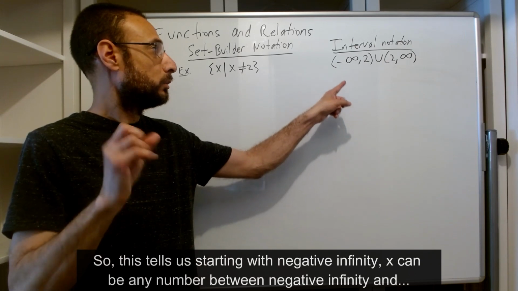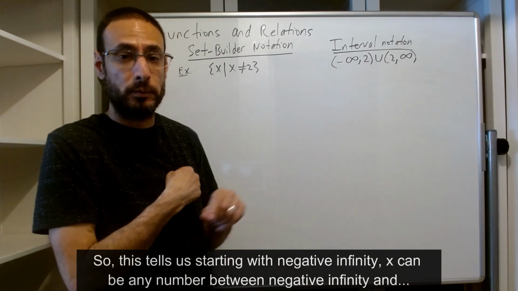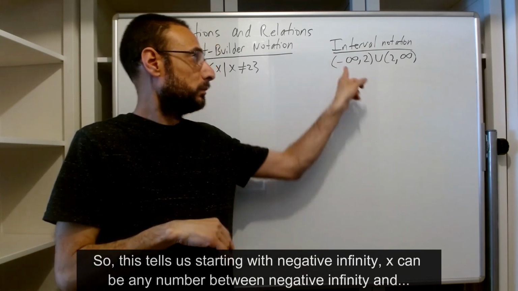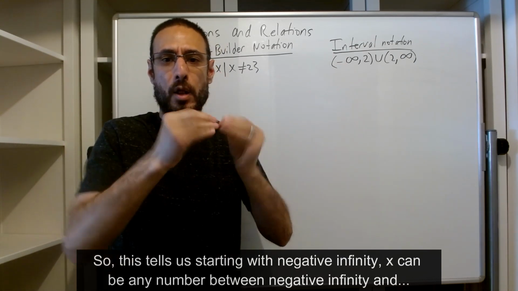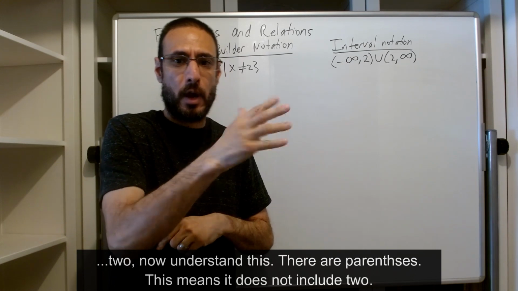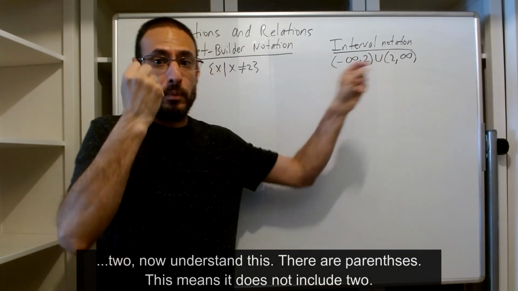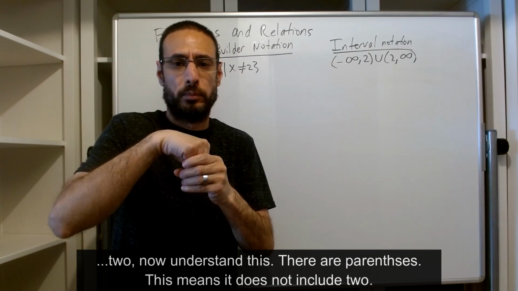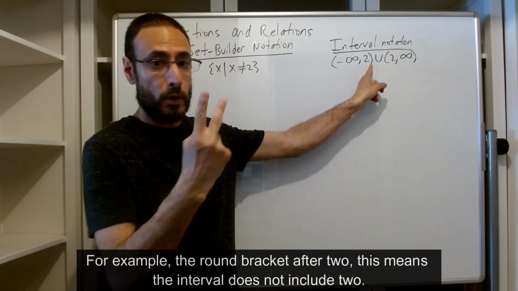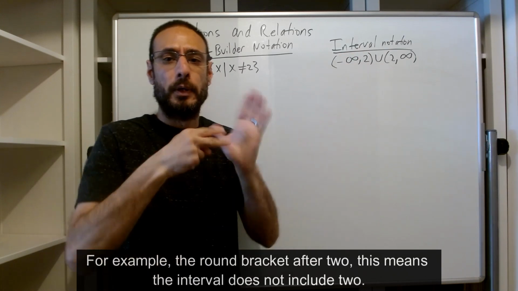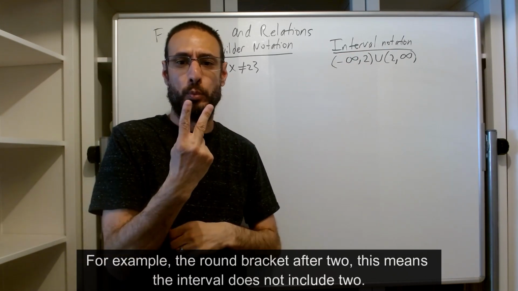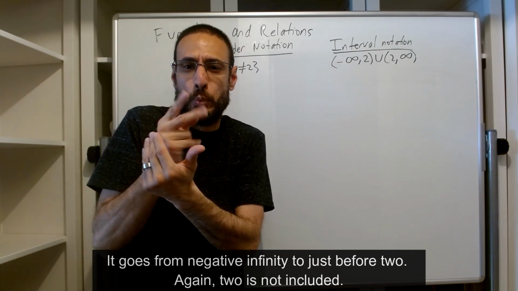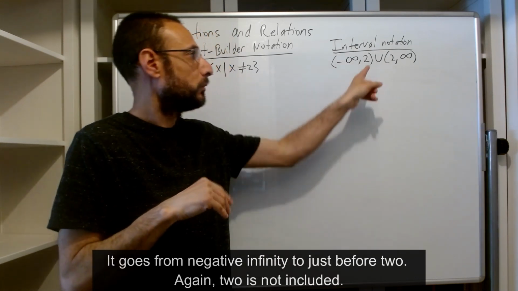So, this tells us starting with negative infinity, x can be any number between negative infinity and 2. Now understand this. There are parentheses. This means it does not include 2. The round bracket after 2 means the interval does not include 2. It goes from negative infinity to just before 2. Again, 2 is not included.